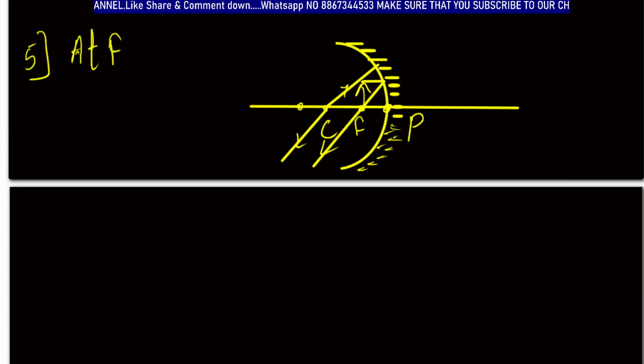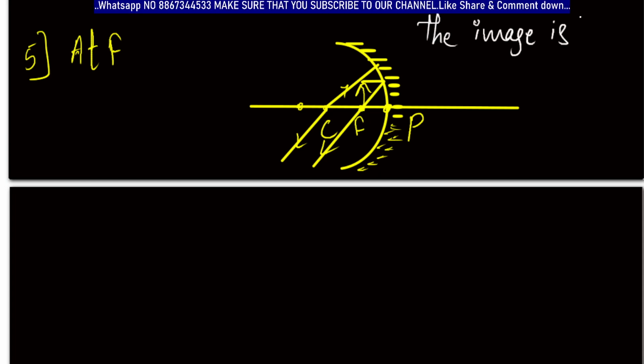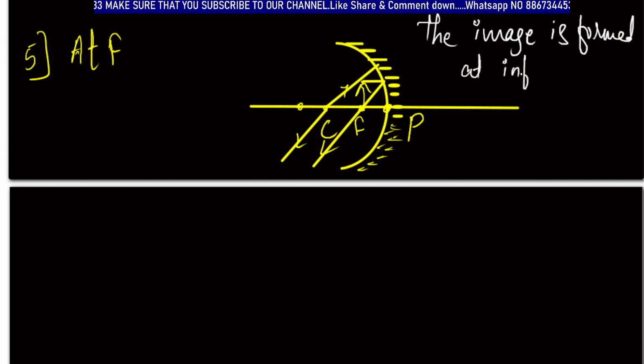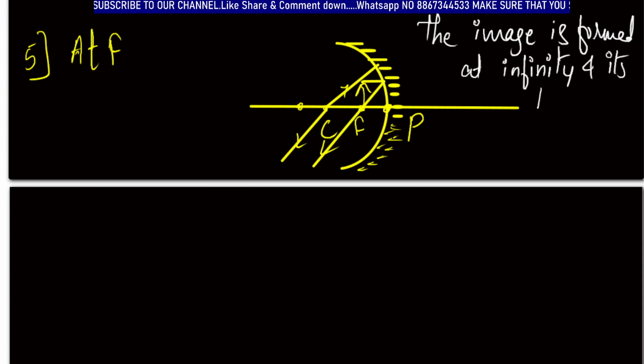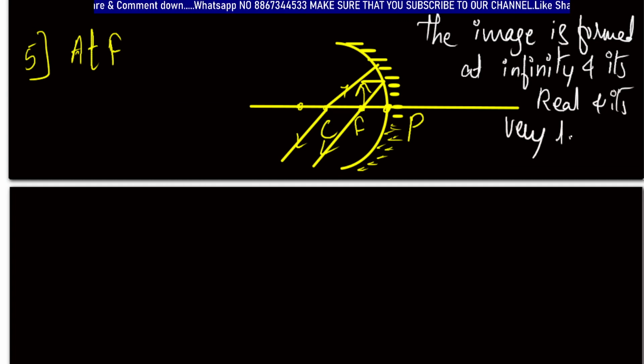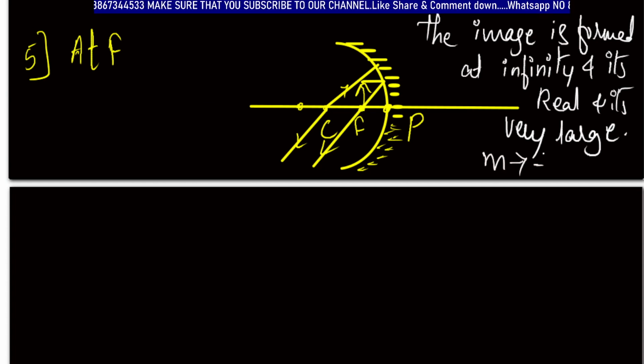This concludes that the image is formed at infinity, and it's real because it is not behind the mirror, and it's very large compared to the object. So what will be the magnification over here? The magnification will be infinity.